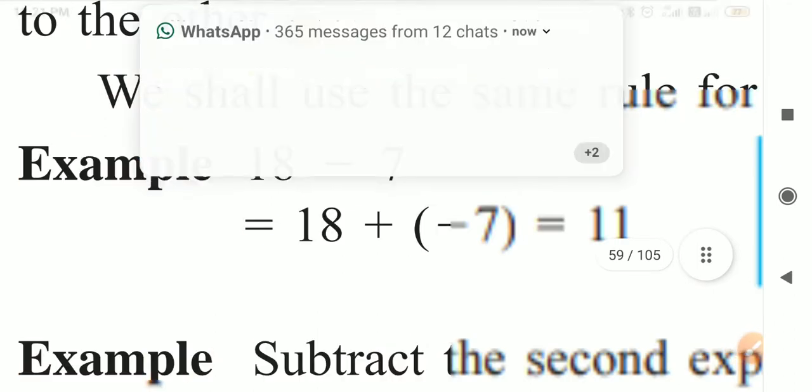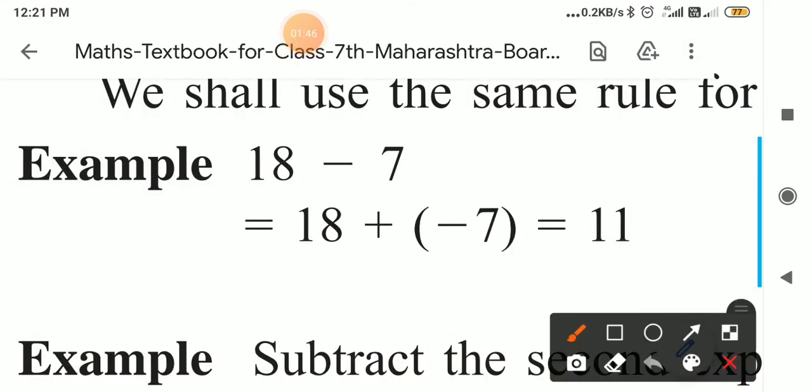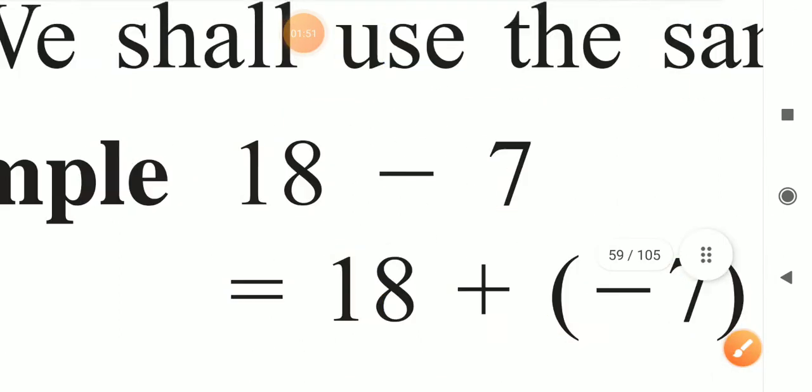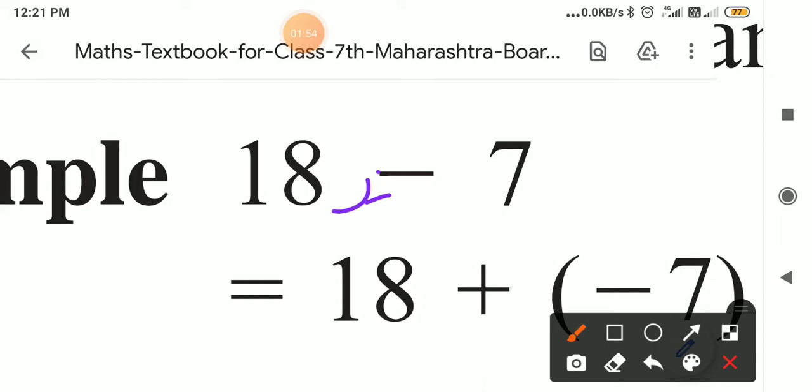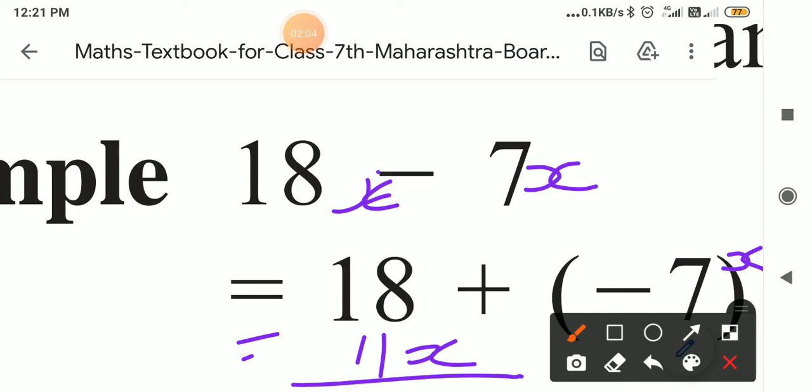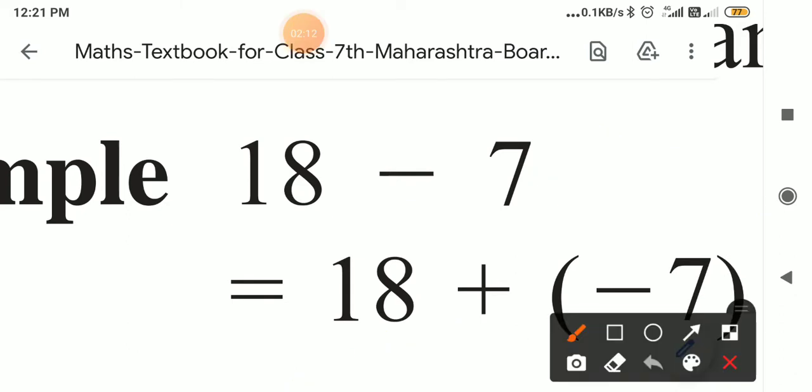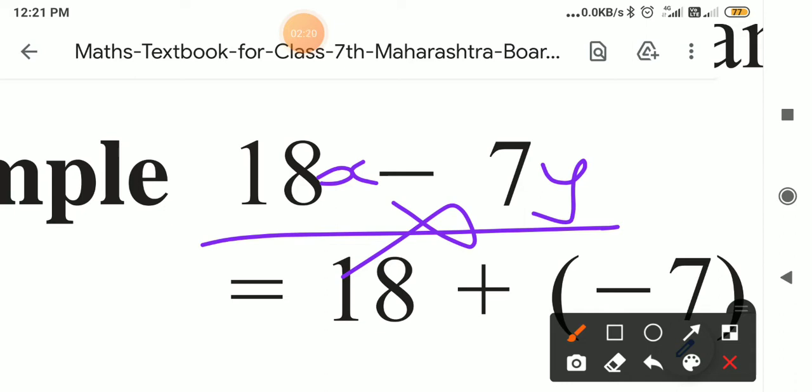Suppose I write 18x minus 7x, then it is 18 minus 7, which is 11, so 11x is the answer. If x square is there, x square will be common. But if here x is there and here y is there, then we cannot add or subtract these two terms.